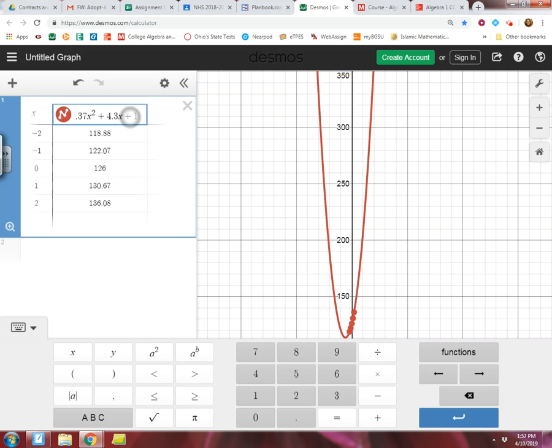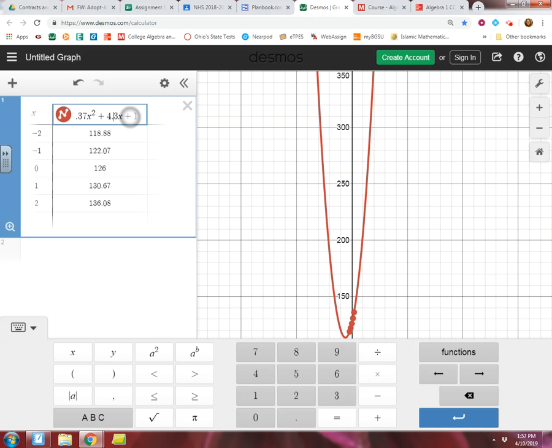Well, he doesn't have to because this is only a 2. Say that again. Okay, so it was 0.37x squared plus 4.3x and then plus 126. How'd we do, sir?